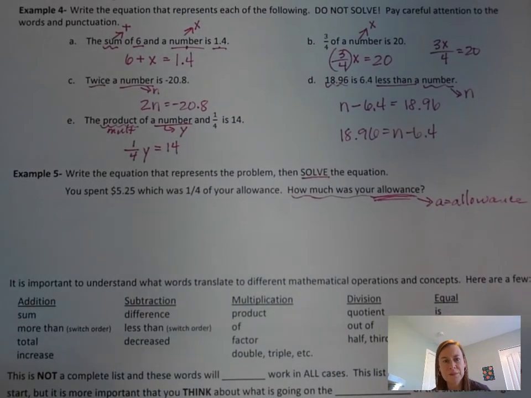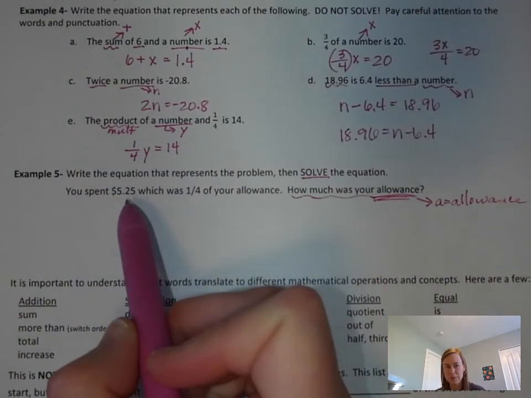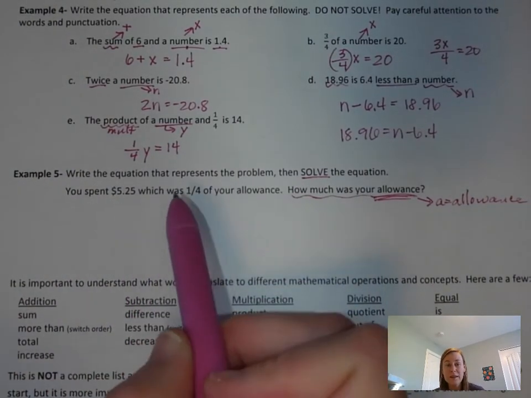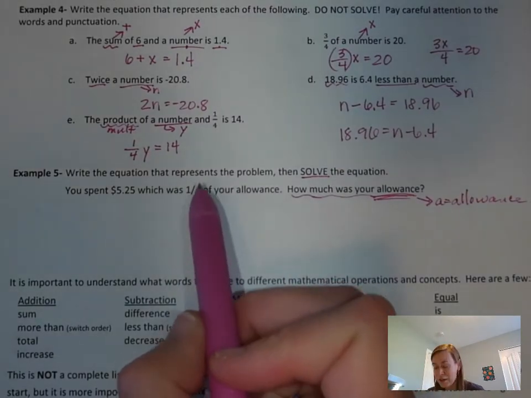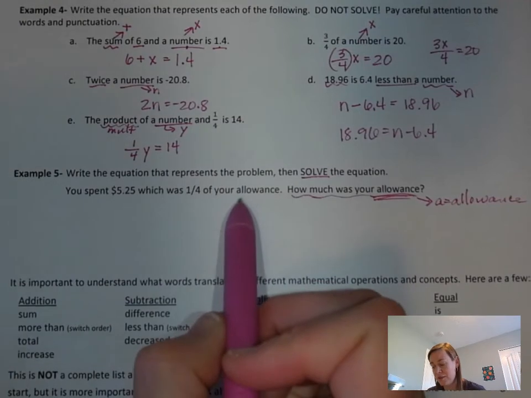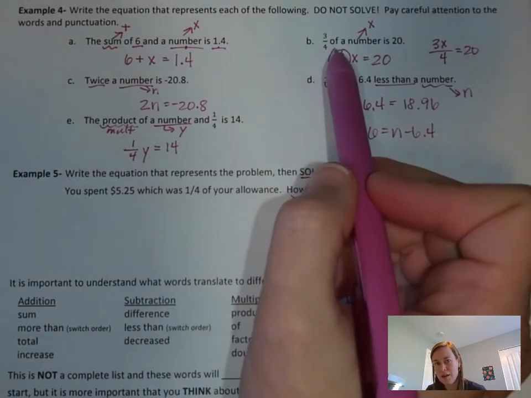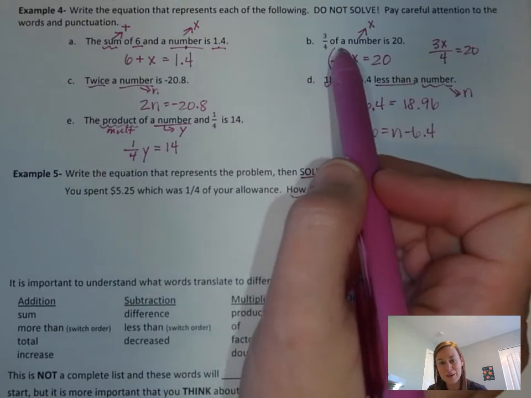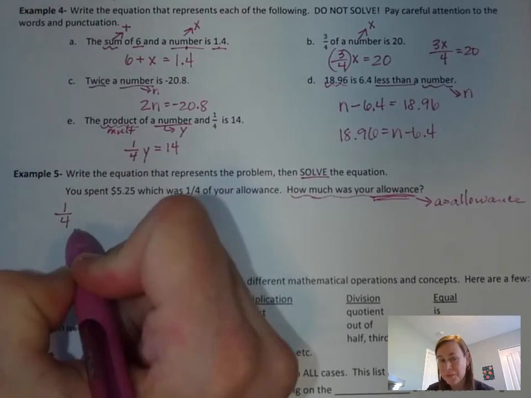All right. So you spent $5.25. That's how much you spent. That was 1/4 of your allowance. So you want to take 1/4 of your allowance. Remember the of, what we talked about up here? That is always going to indicate multiplication. So let's do 1/4 of your allowance.